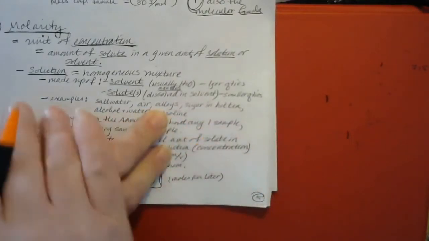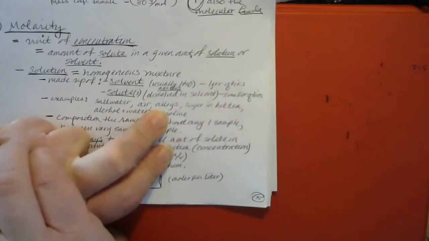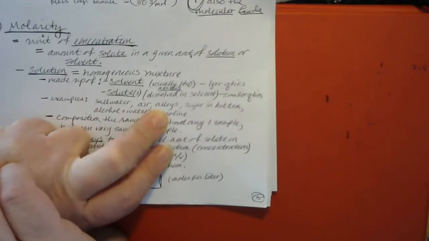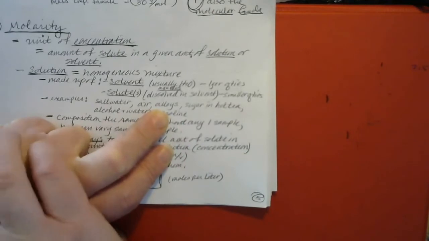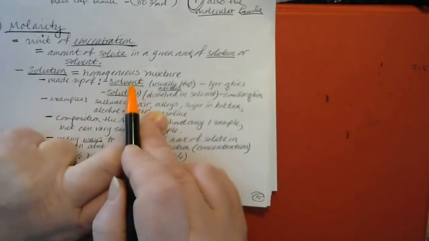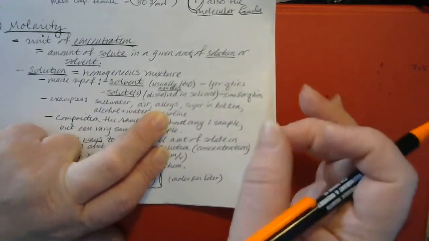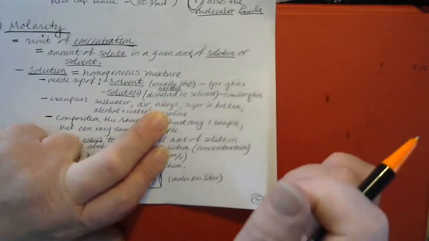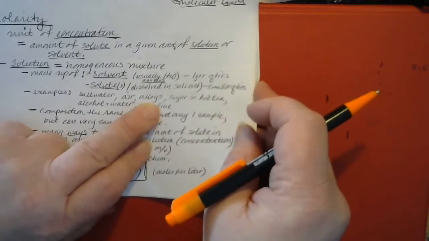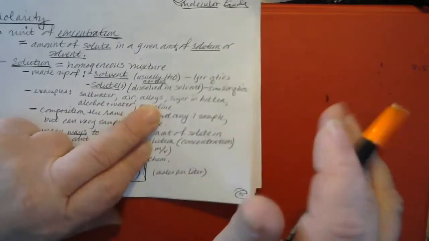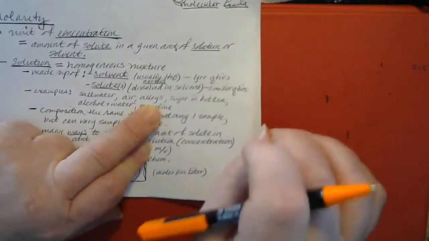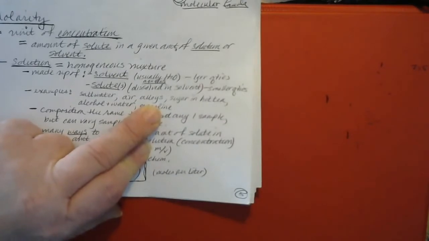You can never get a truly homogeneous mixture of solids as solids, because in order for the mixture to be homogeneous, the particles have to be what they call intimately mixed with each other. In other words, they have to be mixed evenly on the level of individual atoms and molecules.